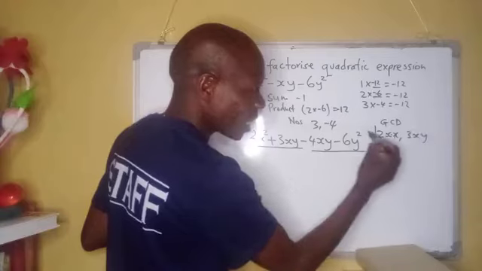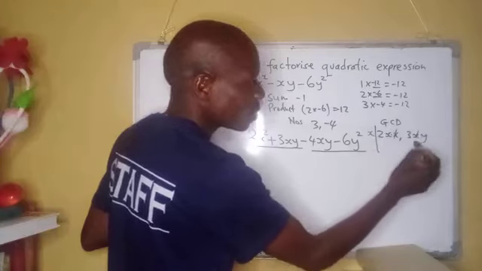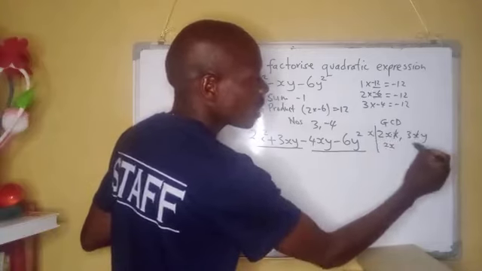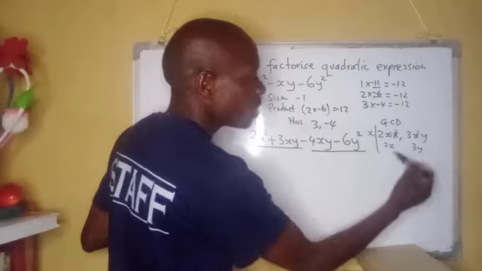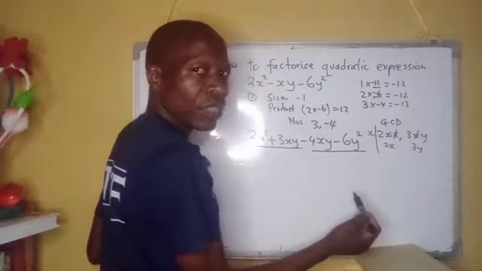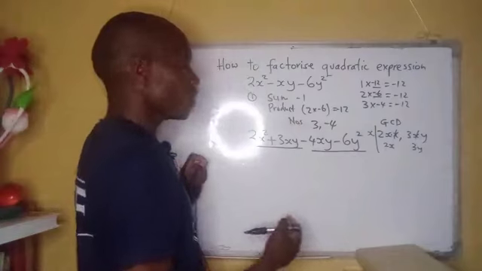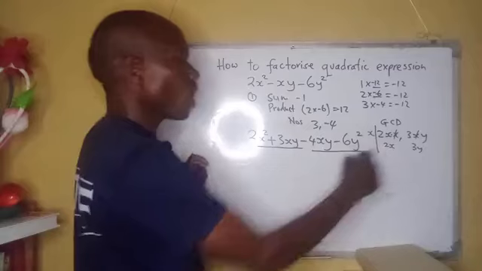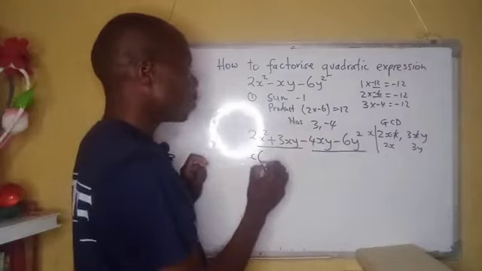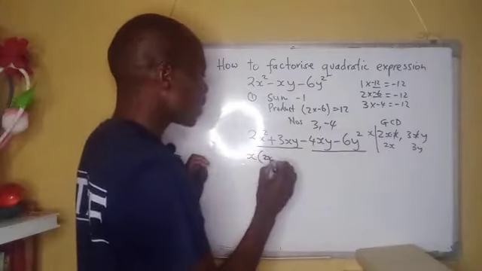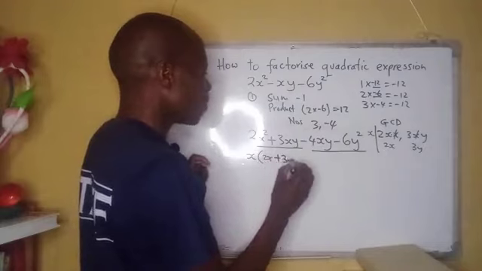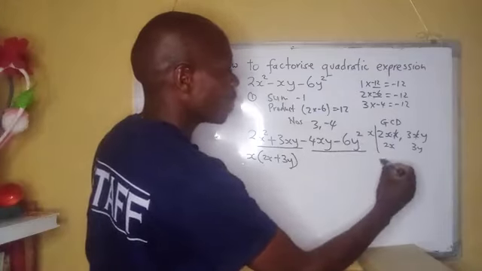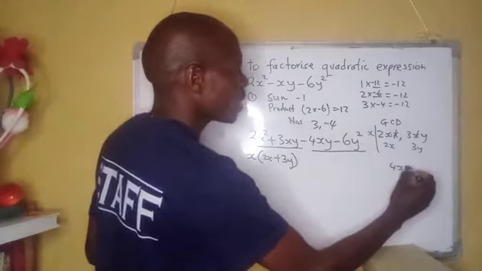So you write x, and x goes here giving 2x, and x goes here giving 3y. There is no further factor that can go in. So the GCD is x, which means x is factored out. So we have x into 2x plus 3y.